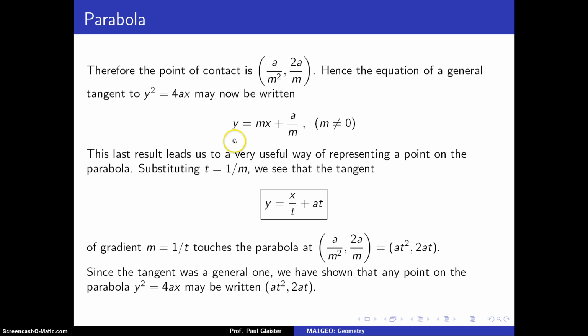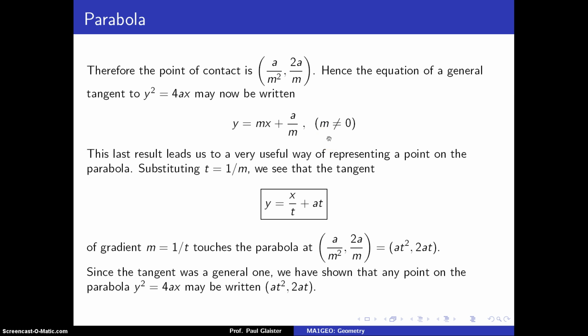In other words, the equation of all tangents is of this form, provided m is not 0. And m equals 0 would give you a straight line which was horizontal, which is never going to be a tangent. And secondly, the coordinates of that tangency point are a over m squared, 2a over m. And of course the gradient of the tangent is m.